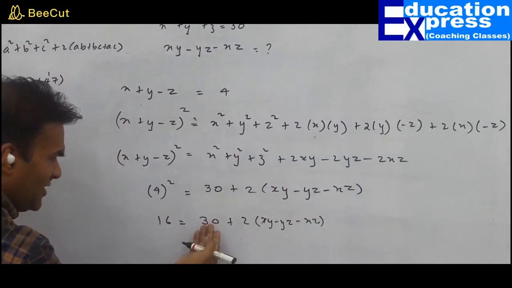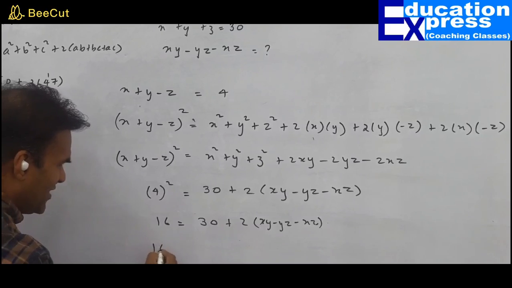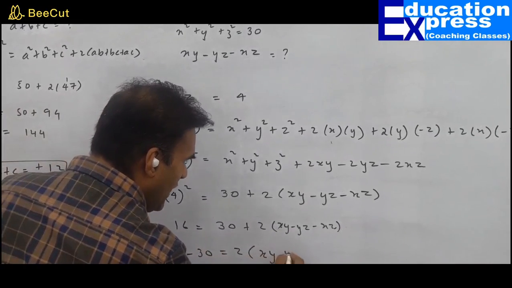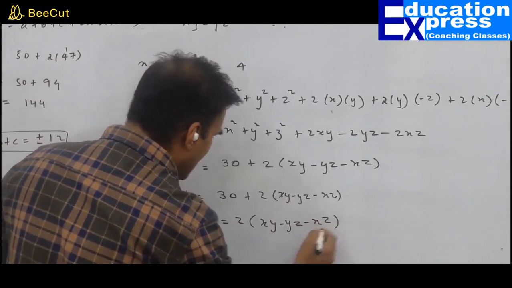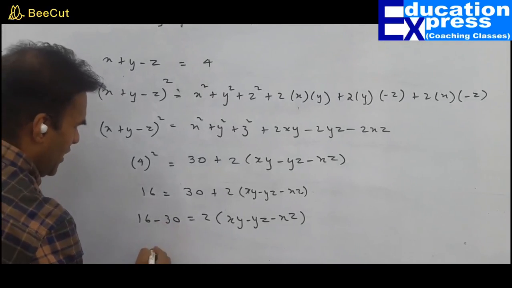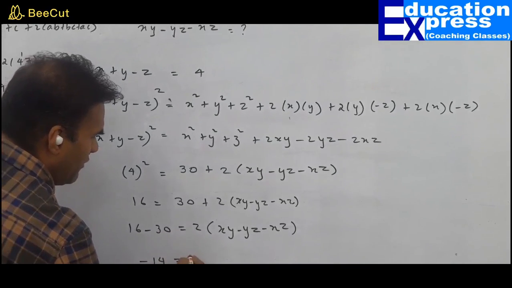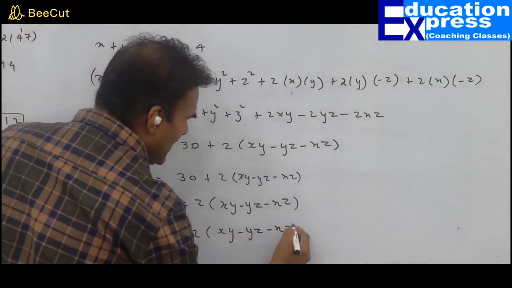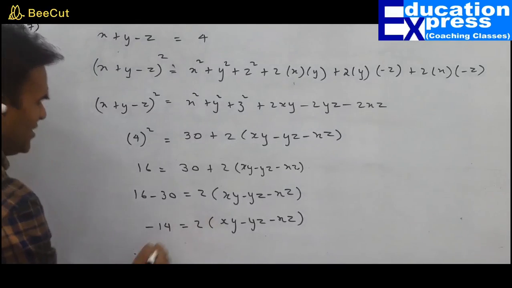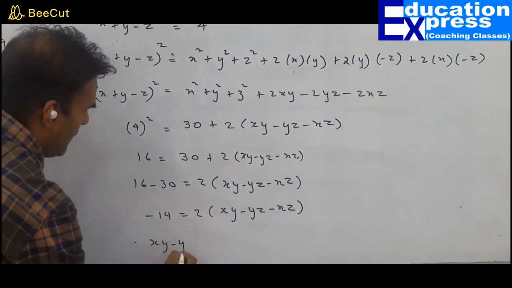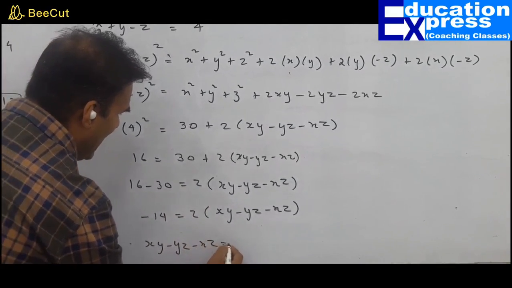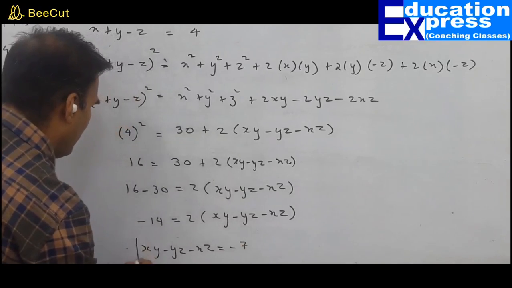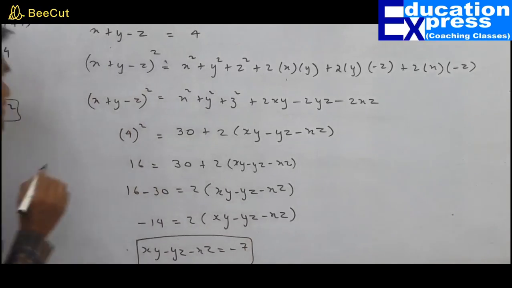Can I take this 30 to this side? 16 minus 30 will give me 2 times (xy minus yz minus xz). 16 minus 30 is minus 14 equals 2 times (xy minus yz minus xz). We can certainly find the value of xy minus yz minus xz as minus 14 upon 2. That's minus 7. So this is your answer.